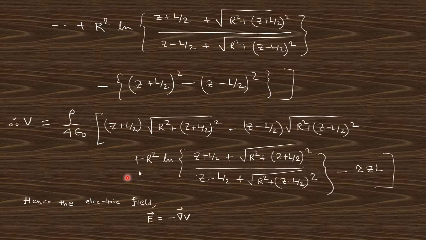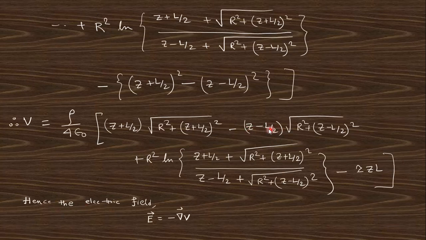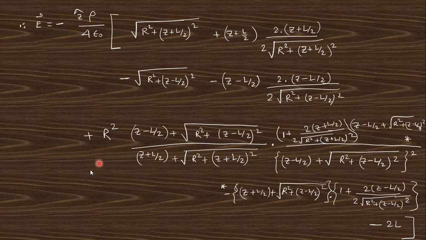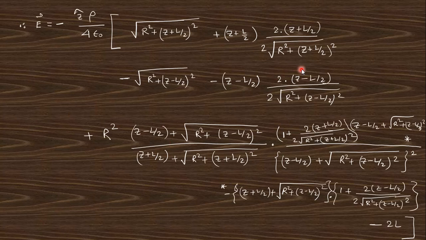So for the first term the derivative has two terms here, and for the second term the derivative of this is 1 also, so only this one is present, and the second term is 1 by 2 root of this.